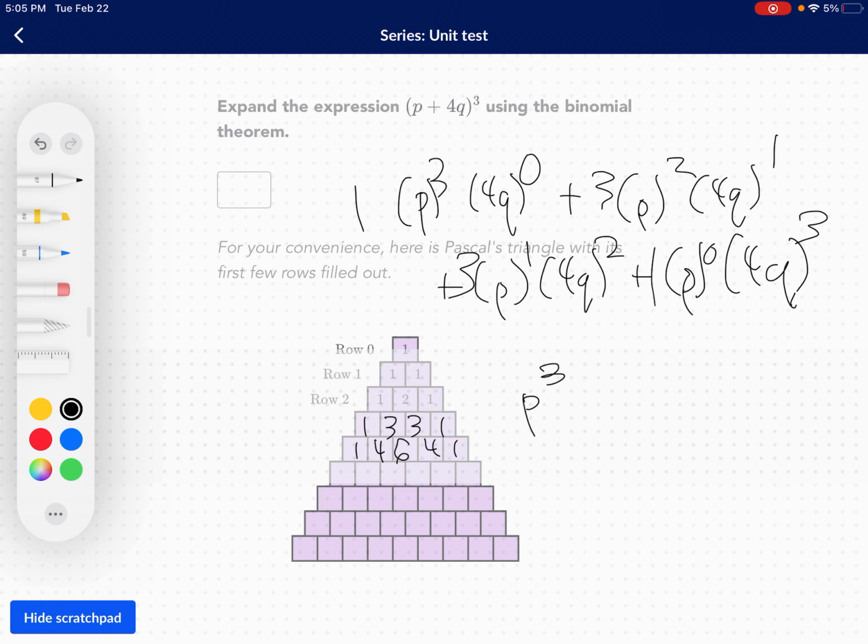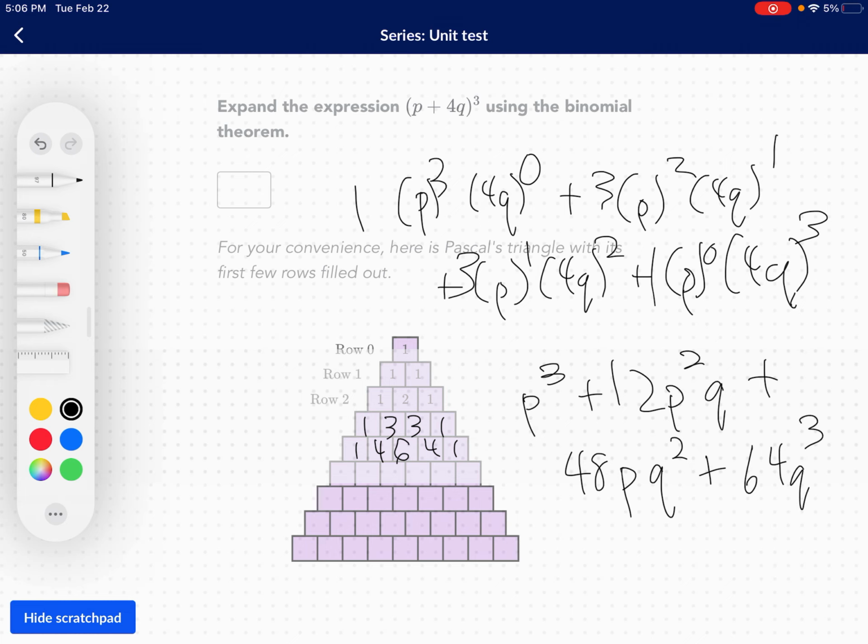We just evaluate this: P to the third plus 3P squared times 4Q, 3 times 4 is 12, so 12P squared Q, plus 3P times 4 squared, which is 16, times 3 is 48, so 48PQ squared, plus 4 cubed is 64, so 64Q to the third.